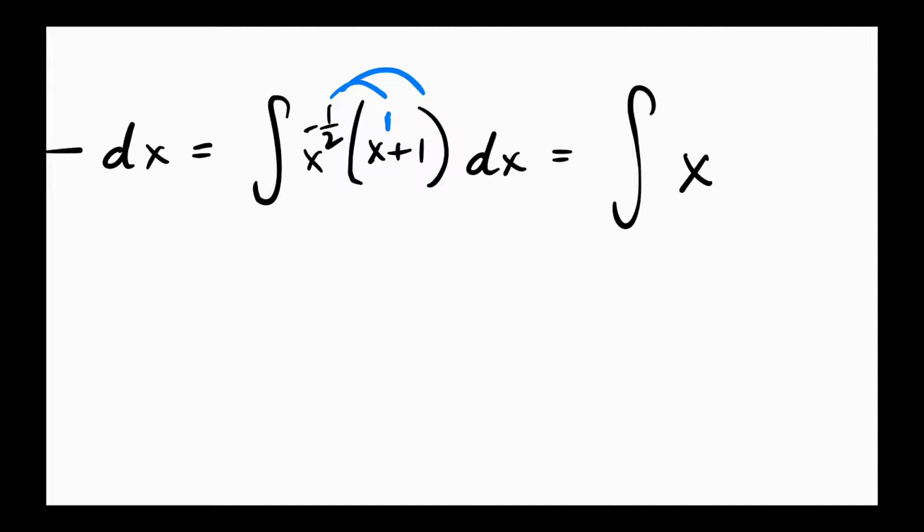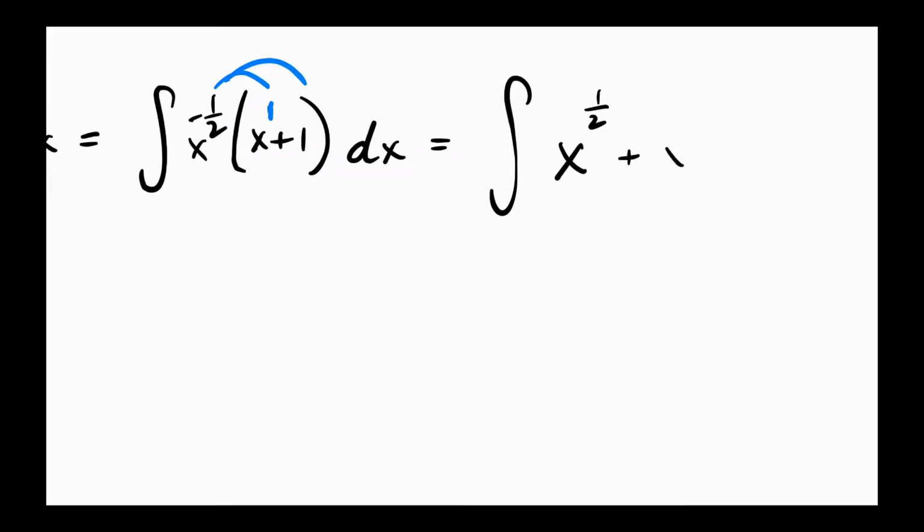We're multiplying x to the negative 1/2 times x. So what do I do with the powers? Add them. There you go, add them. So it's actually going to be positive 1/2. Okay. And then I distribute to the positive 1. Well, anything times 1 is just itself. So it's just going to stay x to the negative 1/2.